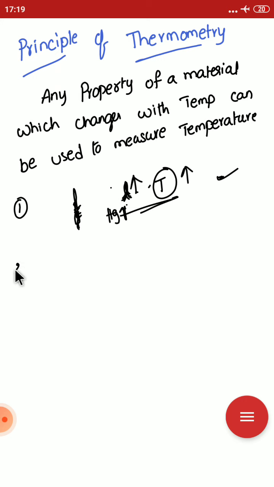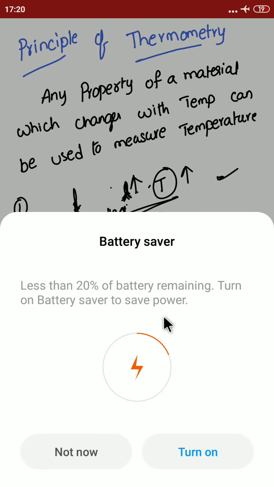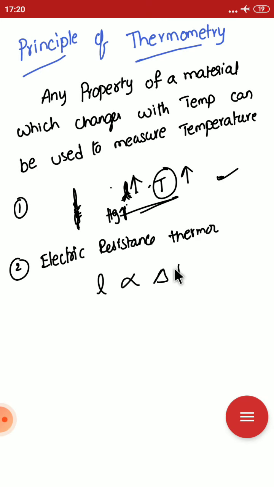The second example is the electric resistance thermometer, in which the resistance of a length of wire changes with the temperature.